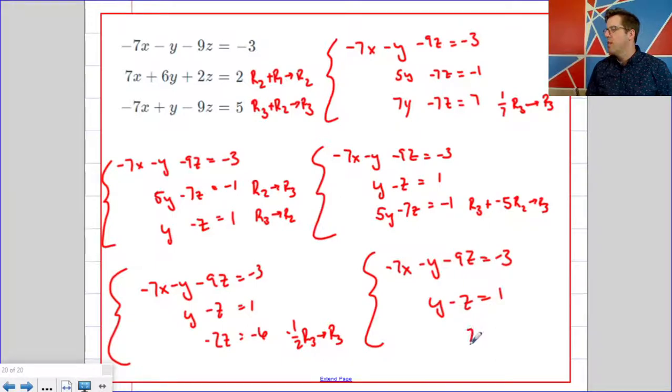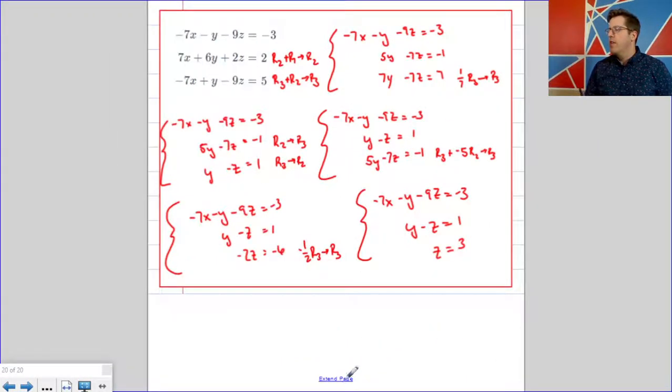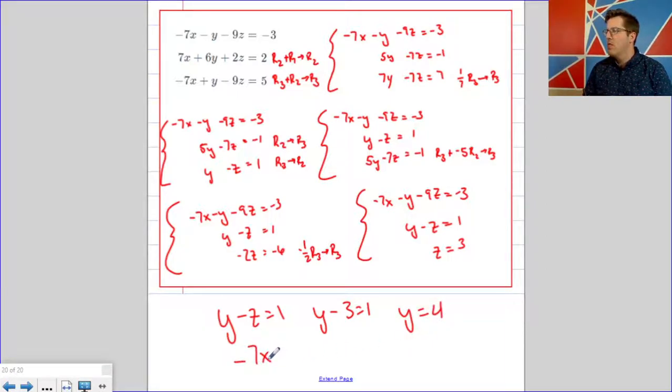And that's going to give me that z equals 3. I think I'll just use back substitution. So y minus z equals 1. Y minus 3 equals 1. Y equals 4. Negative 7x minus 4 minus 27 equals negative 3.